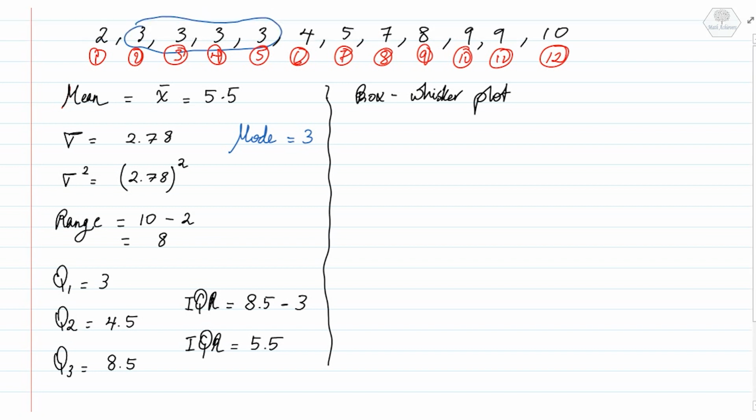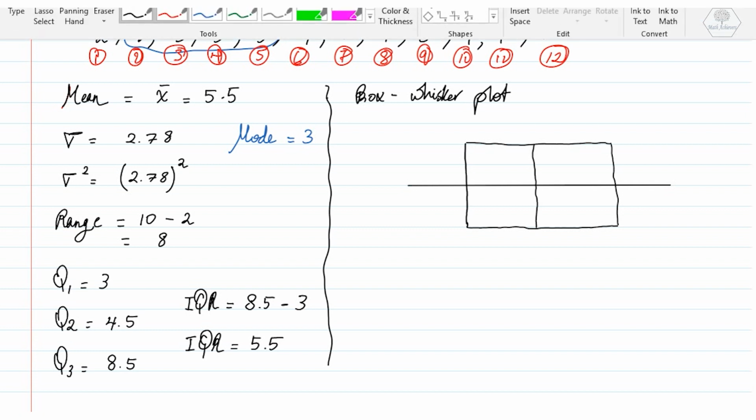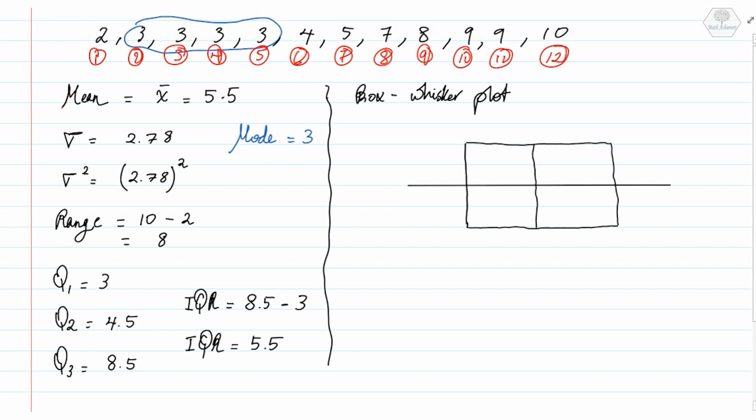This is a line. This is my box and whisker plot. I didn't finish.